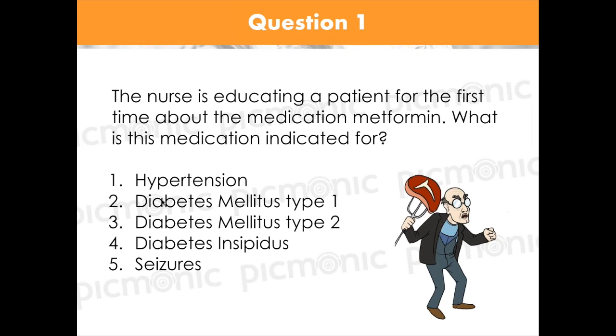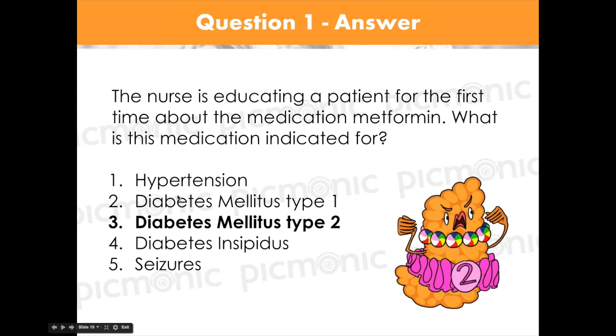But if you have a knowledge deficit, then I need to learn about this med, and I would go look that up afterwards. But acutely, I'm going to say it's probably one of these three in the middle, and I would have to choose one of those. So hopefully that would clue you in that this medication is for some type of diabetes, which would then hopefully clue you in that it's for diabetes type 2, number 3.